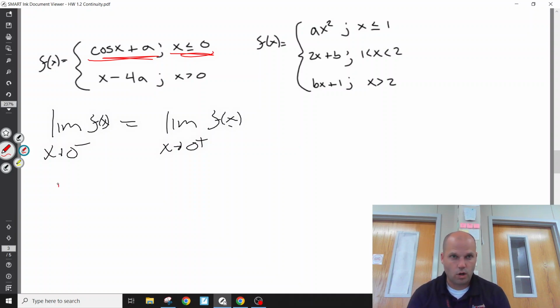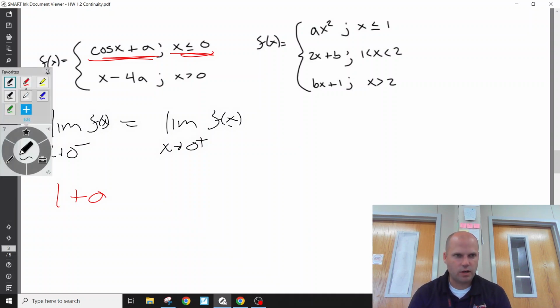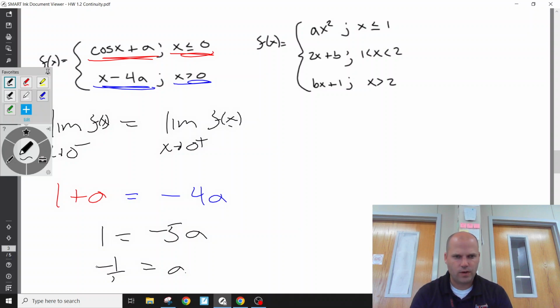Cosine of 0 is 1 plus a. If I'm to the right of 0, I'd be plugging it into x minus 4a. So I would get 0 minus 4a. I get 1 equals negative 5a. A equals negative 1/5.